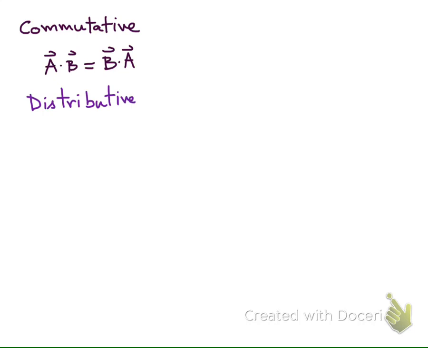That is, if we have A dot with the vector B plus C, we can rearrange this operation to be A dot B plus A dot C. So we call that the scalar product is distributive.